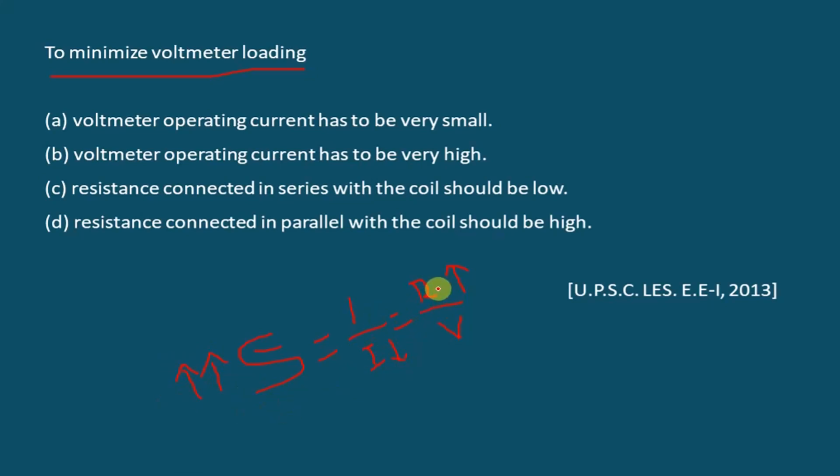So if we increase the resistance of the voltmeter, the sensitivity will be high and the voltage drop will be less since the current will be less. So that is called the voltmeter loading. Okay, so what we have to do, the voltmeter operating current has to be very small. If this I is small, then the sensitivity will be high so that the loading effect will be less.